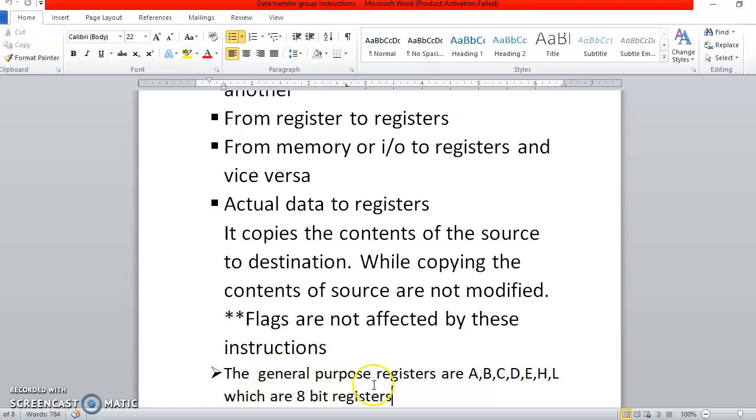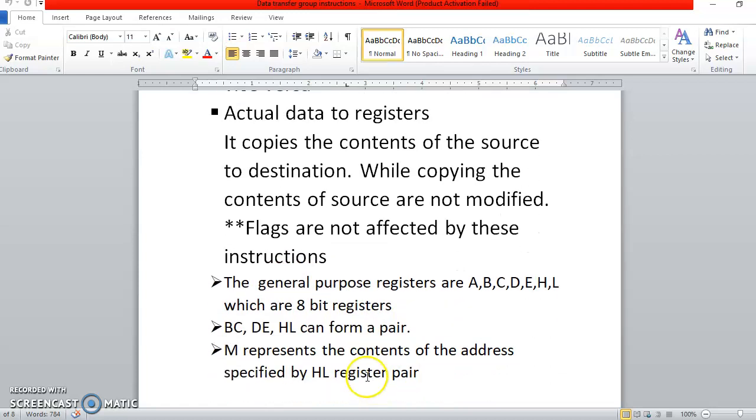The general purpose registers, you know, these are A, B, C, D, E, H and L, which are 8-bit registers. And out of these general purpose registers B, C, D, E and HL together, they can form a pair to store a 16-bit number. That 16-bit number can be used as a memory address, and the contents of that address, which is specified by your HL register pair, is nothing but called as M. So M is the term which you have to remember.